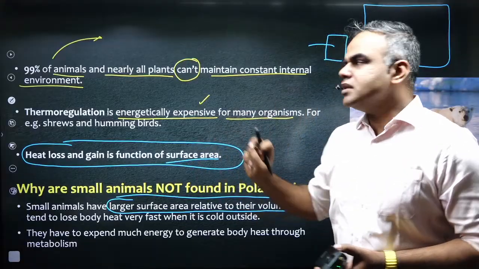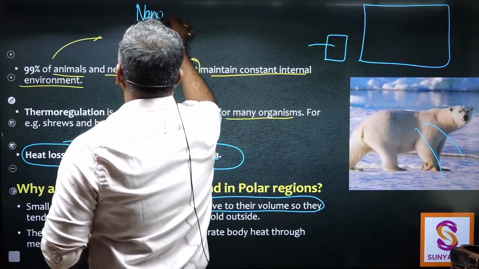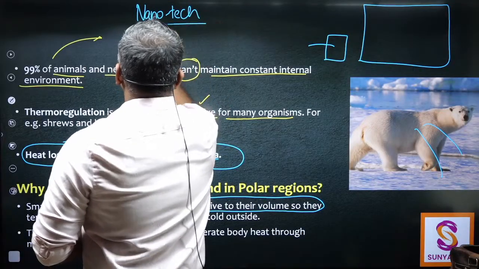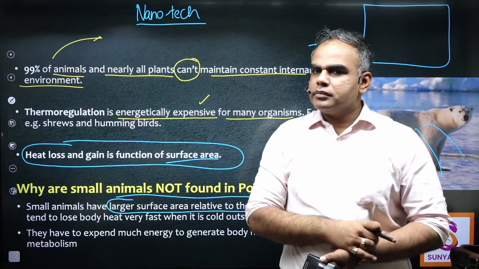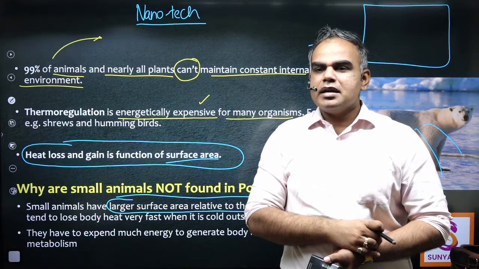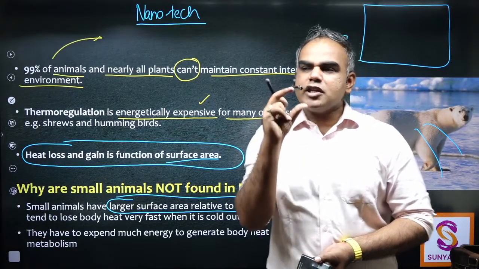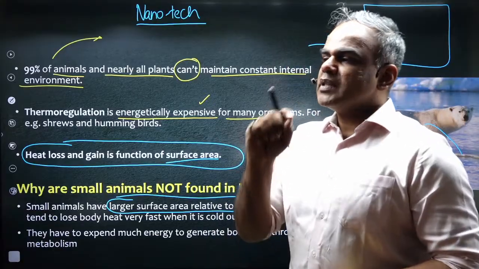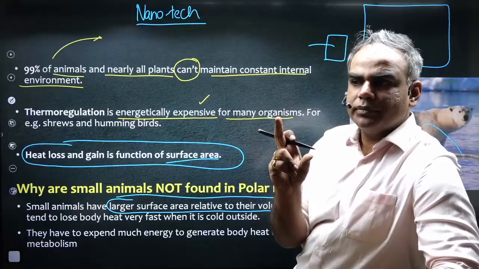Now, to understand this, please remember, how many of you have heard about this term? Nanotech, सुना है? Nanotechnology सुना है? या नहीं सुना? Nano means if you're working or operating at a very small scale. At a small scale, what happens? The surface area relatively is more. I'm saying relatively, right?